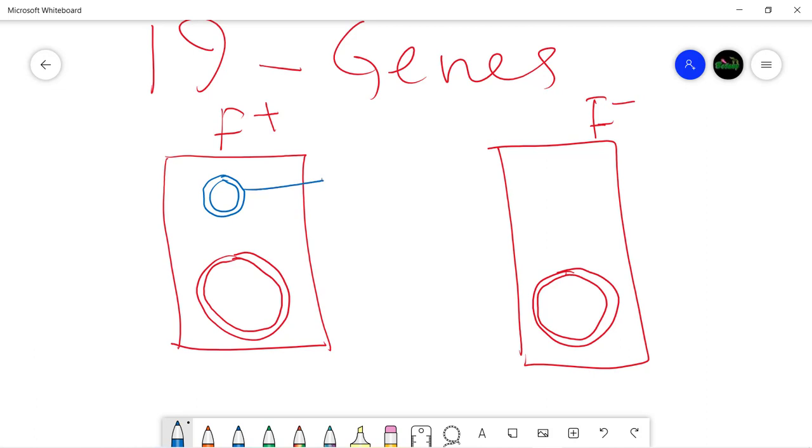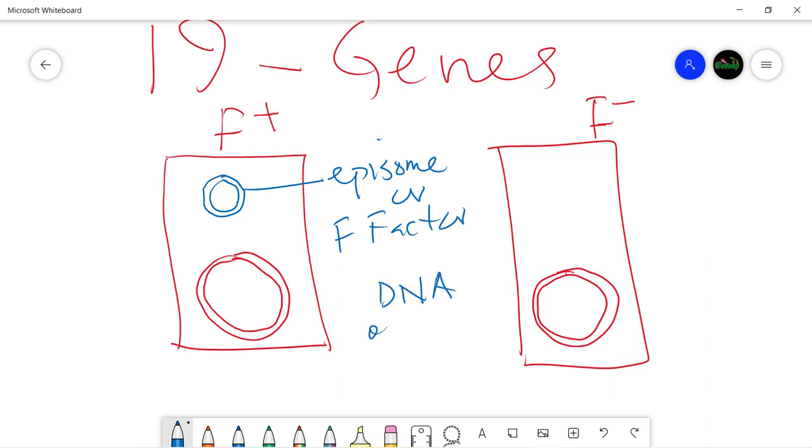So this is the episome or the F factor, and this is the DNA of both the bacteria, this one and this one.